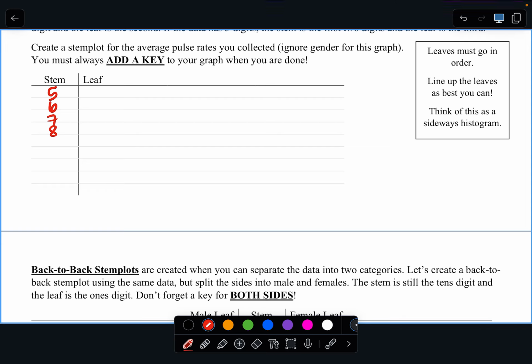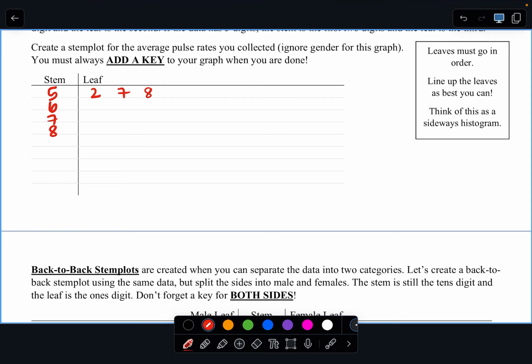I did try to make copies with lines for you guys, and then it just didn't copy on the copy machine, so I'm sorry. What we do then is next to the stem, you put the leaf, basically the ones place. If I go from least to greatest, for the 50s, we had a 52, a 57, a 58.